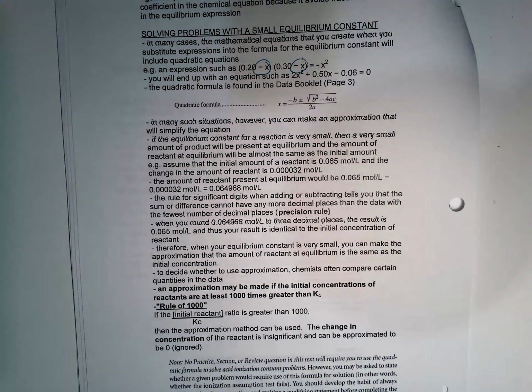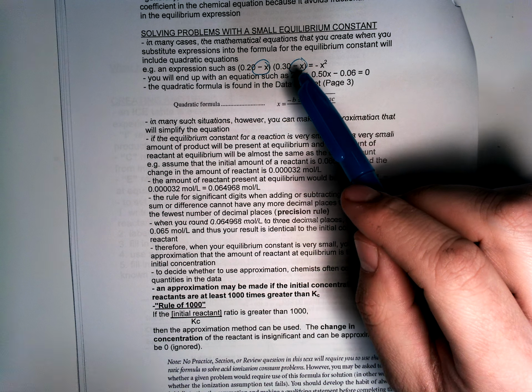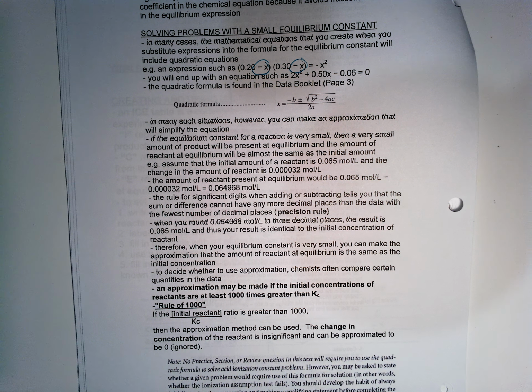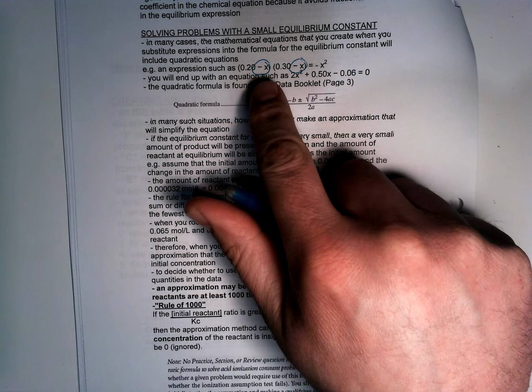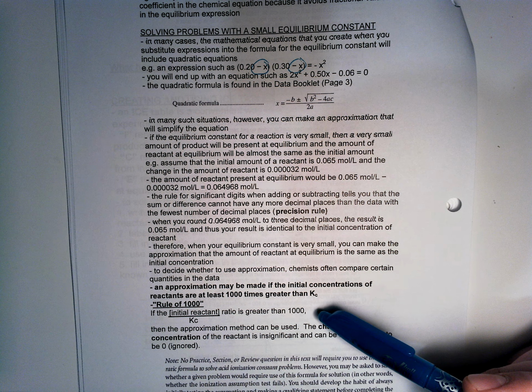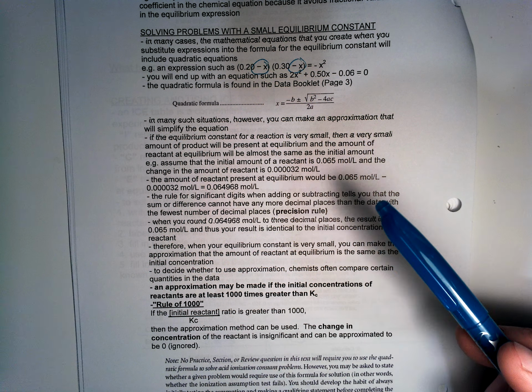Then when we put this in our equation, we just have 0.2 times 0.3 equals x squared. It's a lot easier to solve for x because we don't have polynomials or binomials that we have to multiply together. In pretty much every case, the rule of 1000 is going to work and give you a number greater than 1000, so you don't have to do the minus x.